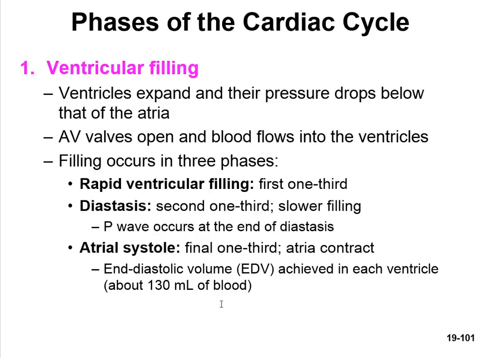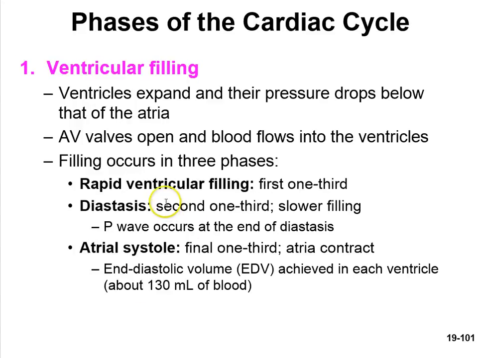With ventricular filling, the ventricles expand. When they expand, their pressure drops. We create an area of lower pressure. Remember, low pressure sucks. When the AV valves open, blood flows from higher pressure up in the atria down into the ventricles, where there's lower pressure.